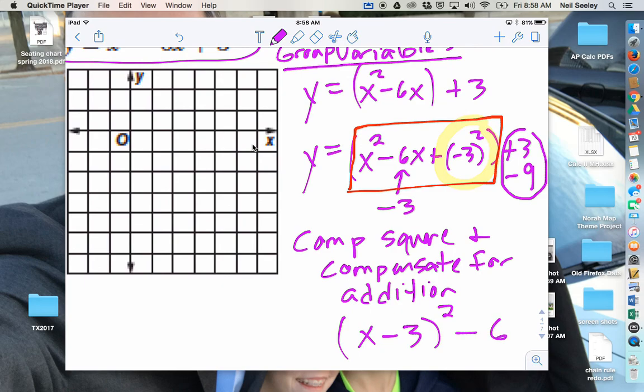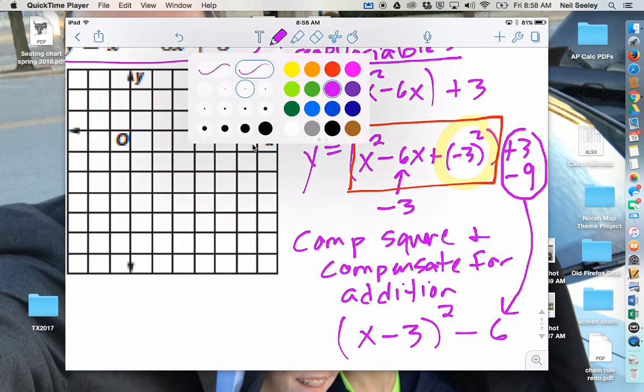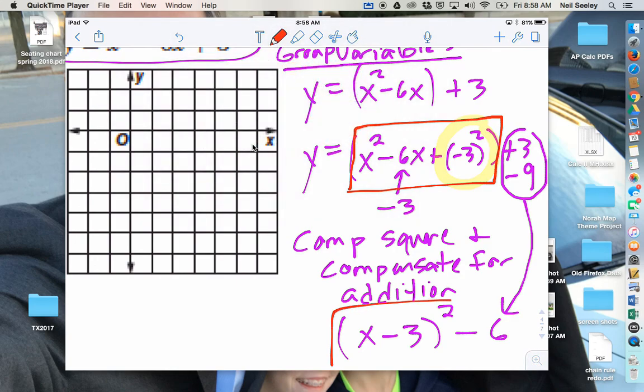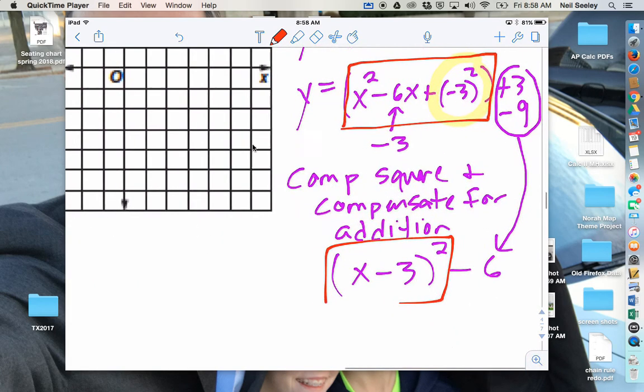So if you watch, there's those numbers made -6, and the stuff in that red box is equivalent to this expression. And that's a known thing. If you take half the middle term, square it, and add it, you are welcome to then rewrite that trinomial quadratic as x and half the middle term, quantity squared, as I've written down here. So that's called completing the square.